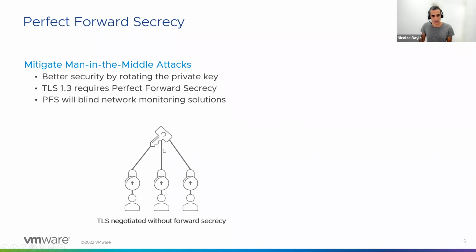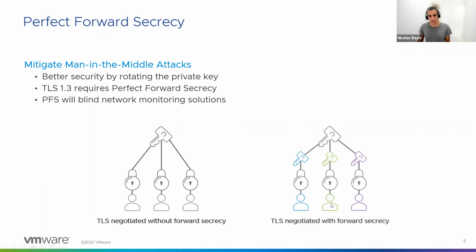So if someone can get your private key, they can decrypt, they can see all the traffic for all your TLS sessions. So the idea behind enabling PFS is to have the same capability here, but as you can see, we have some temporary keys that you can use for different TLS sessions or for different periods of time for your TLS sessions.